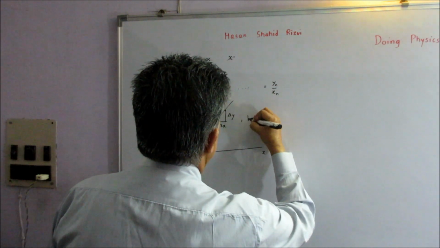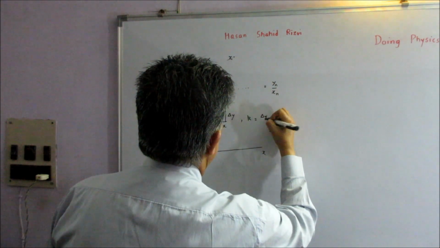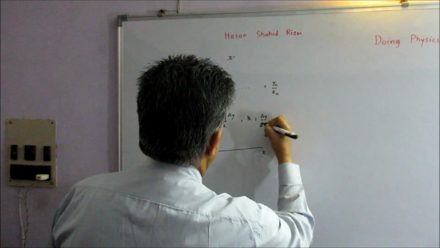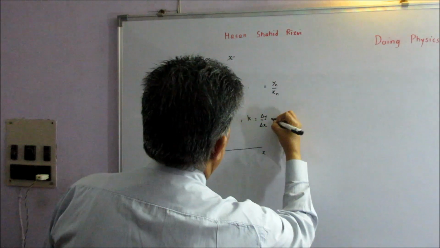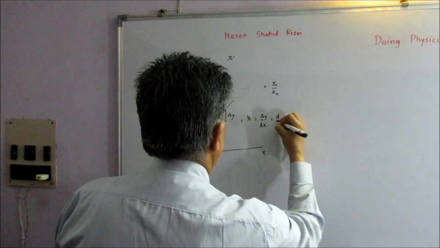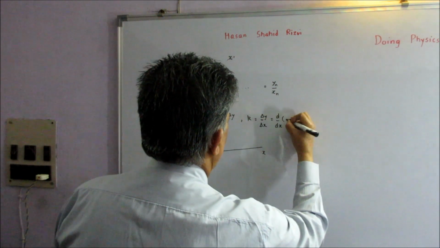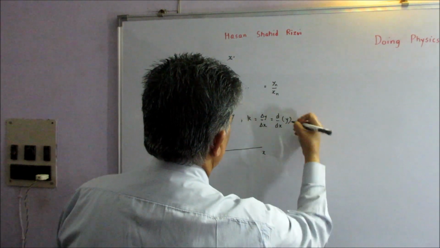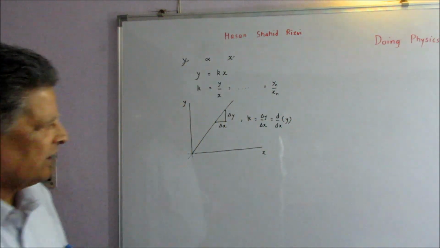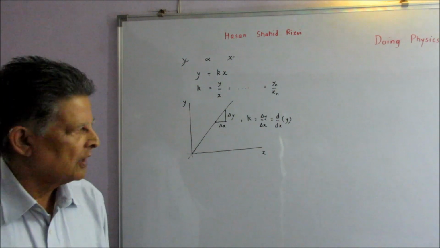Here I find that k is equal to delta y upon delta x, which I told you, if you remember, that this can culminate in d/dx of y, that is rate of change of the variable y with respect to the variable x.